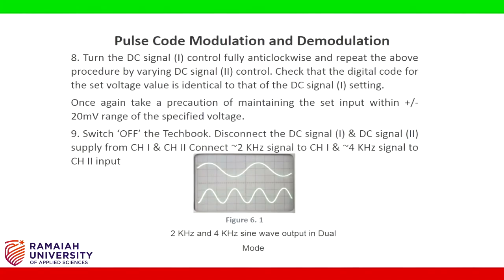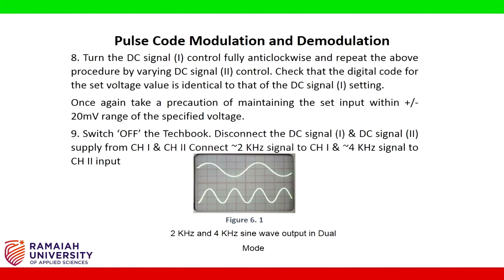Turn the DC signal 1 control fully anti-clockwise and repeat the above procedure by varying DC signal 2 control. Check that the digital code for the set voltage value is identical to that of the DC signal 1 setting. Once again, take a precaution of maintaining the set input within plus or minus 20 millivolt range of the specified voltage.